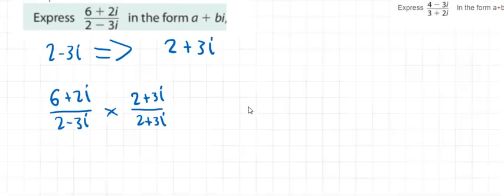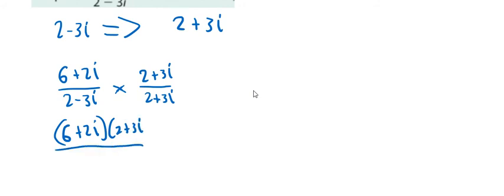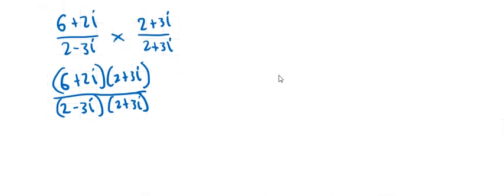So let's multiply out anyway. On top, we're going to have (6 + 2i) multiplied by (2 + 3i). On the bottom, we're going to have (2 - 3i) multiplied by (2 + 3i). Multiplying out complex numbers is something that you should have looked at before, so if you're not sure of what we're doing here, then take a look back.